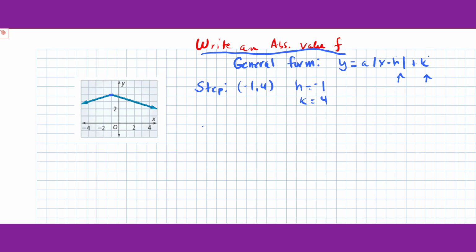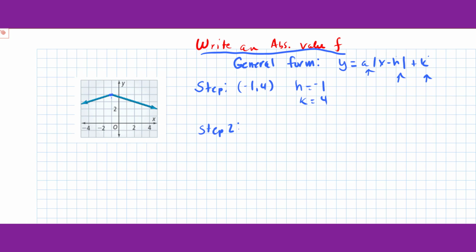Now, step number 2, since we have h and k, let's turn our attention to a. We want to identify a here. So for the slope, let's look at the branch to the right of our absolute value graph and see if we can identify it. We can do rise over run.